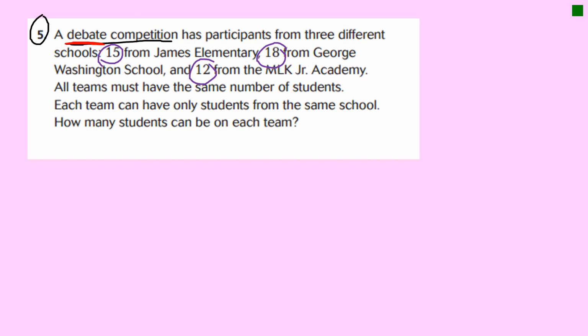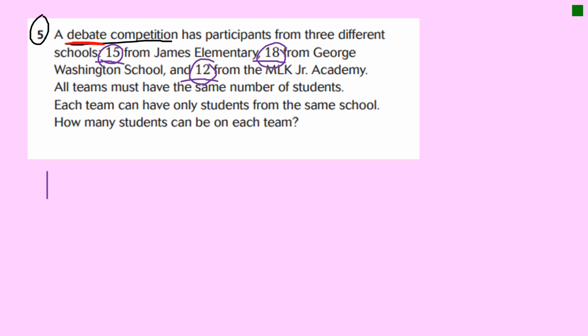So how can we divide 15, 18, and 12 into equal parts the same way? Okay, that's common factors. They're looking for common factors, a way that they can divide those students so that all the teams are the same size and that all the students are from the same school.